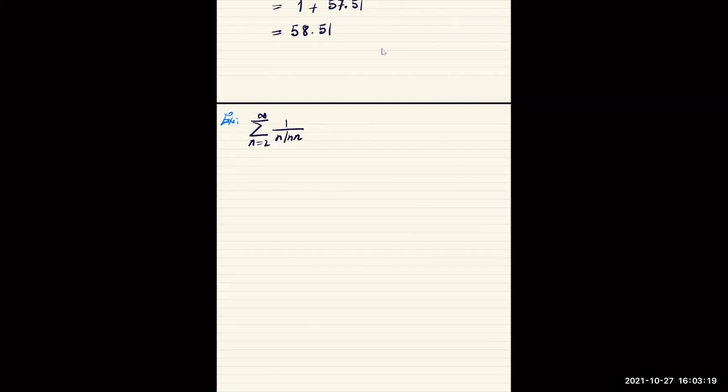If I were to expand this a little bit, I have 1 over 2 ln 2 plus 1 over 3 ln 3 and so on. First of all, everyone, you should always begin by using the nth term test, because if the nth term goes to anything but 0, then you're done.